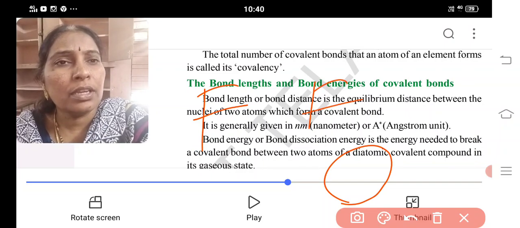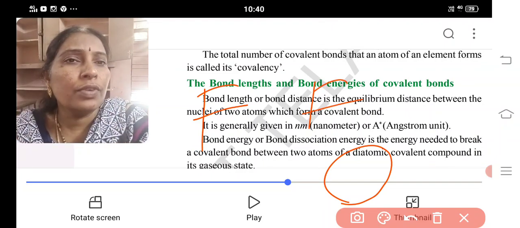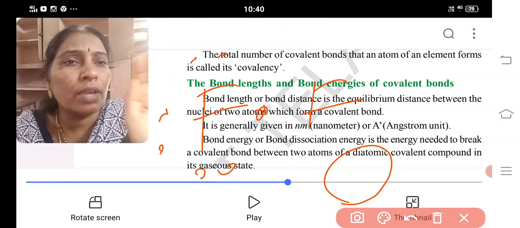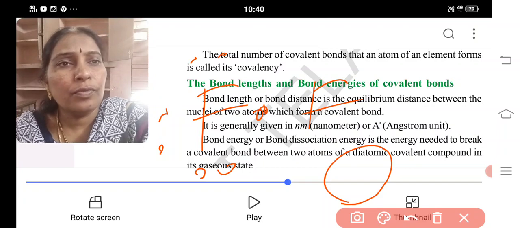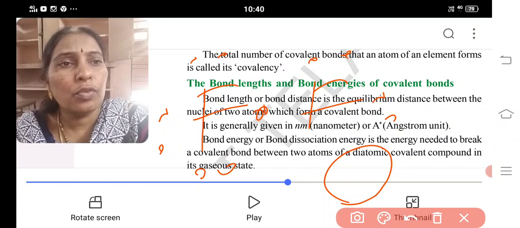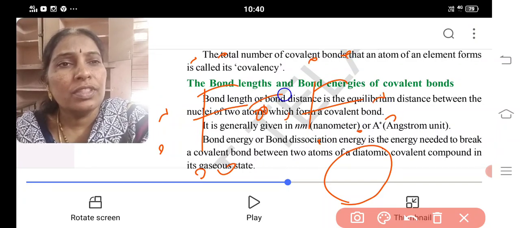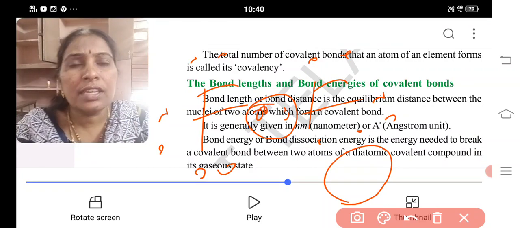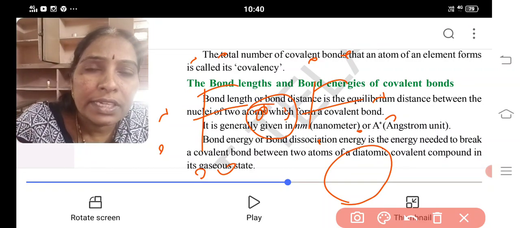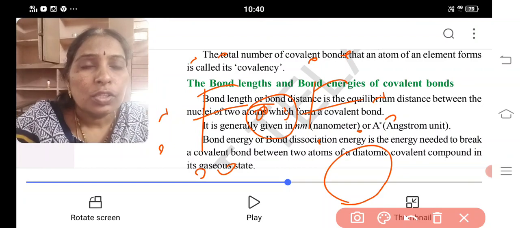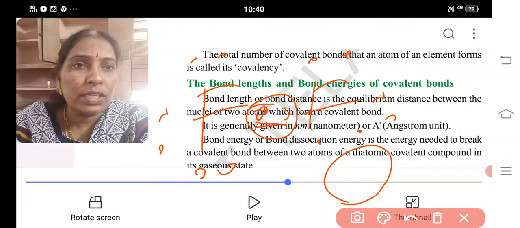Fluorine has atomic number 9. Its configuration is 1, 2, 3, 4, 5, 6, 7, with 1 unpaired electron. Another fluorine also has 1, 2, 3, 4, 5, 6, 7. These electrons will share and get an octet configuration. So the distance between these 2 is said to be the bond length.